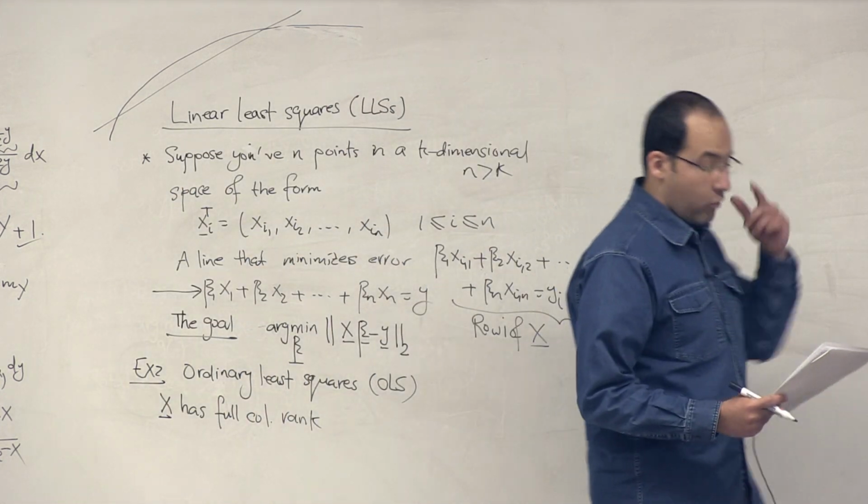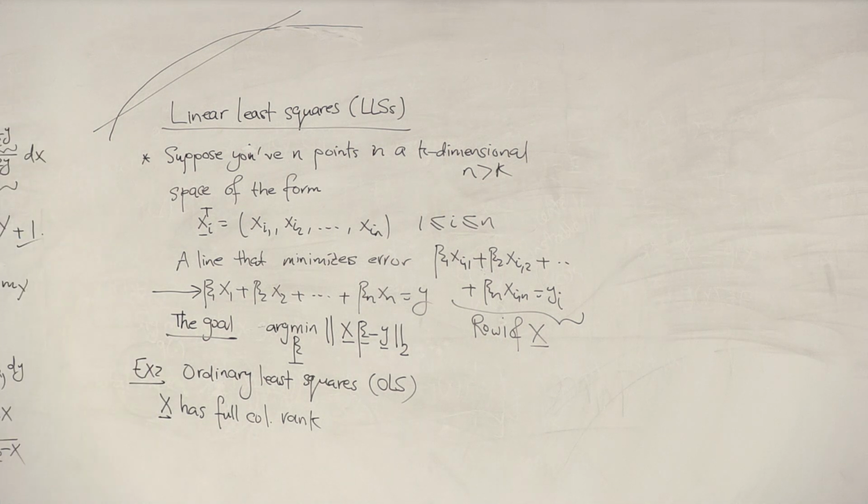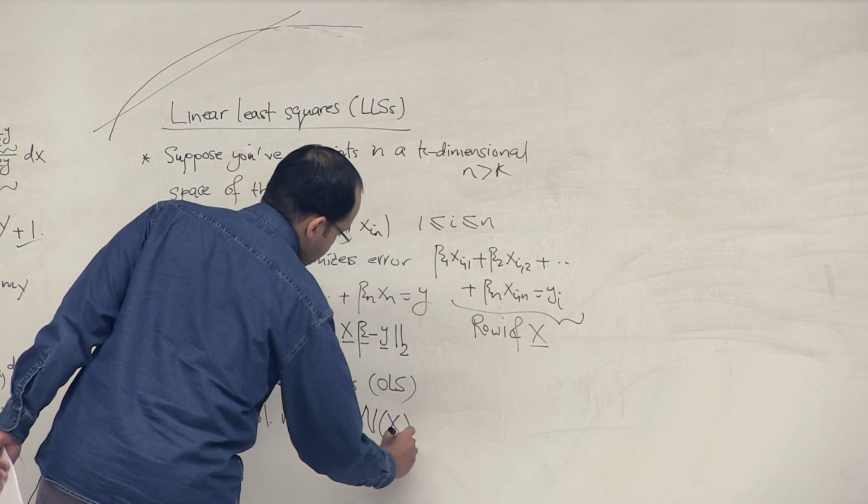If a matrix has full column rank, what is this telling us about its null space? What can we say about the null space of X?